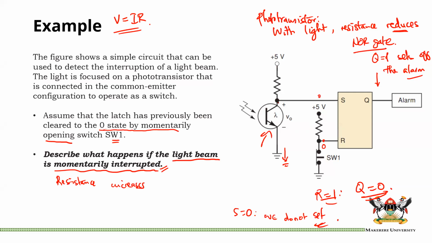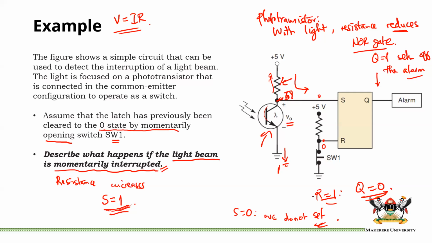I don't know if in first year or second year you have studied these things, but if resistance increases, this voltage V naught increases, and maybe here you have 4 volts, and the 1 volt would be the potential difference across this, maybe even 5 volts depending on the resistance. In other words, the moment you interrupt the light and this resistance increases, there is no path for the signal to flow into the ground because of the resistance. So naturally, the signal will flow into S. That means you're making S a 1.